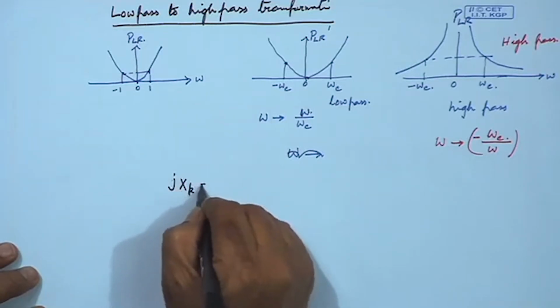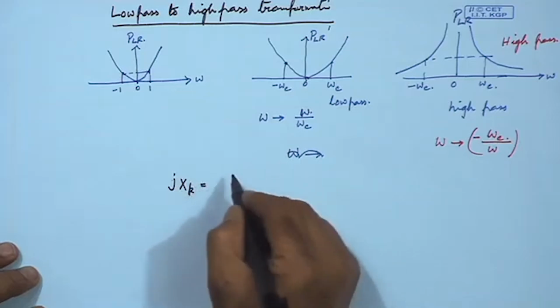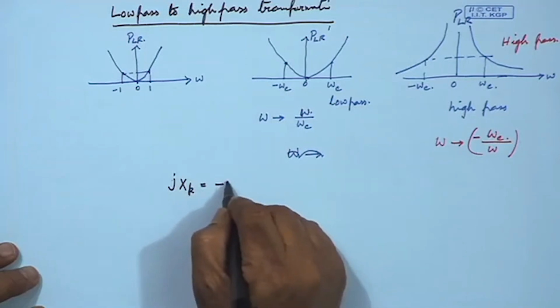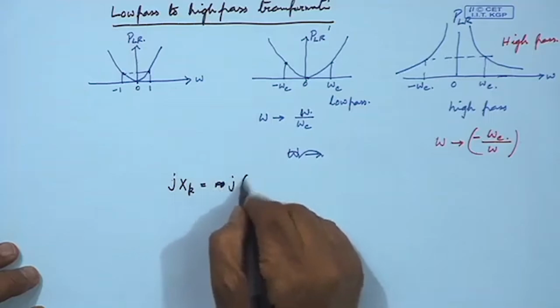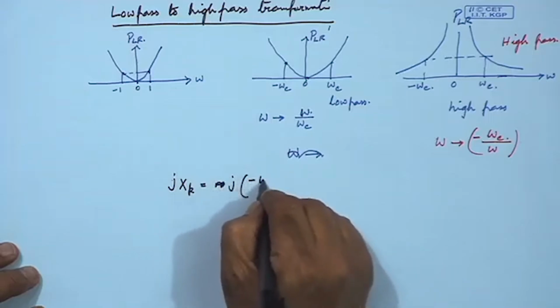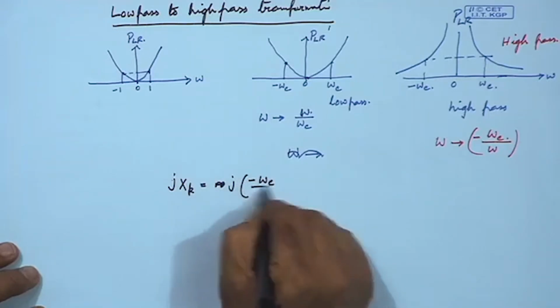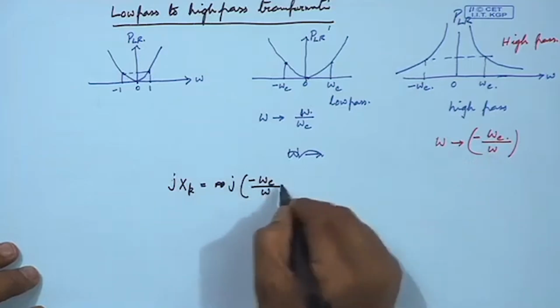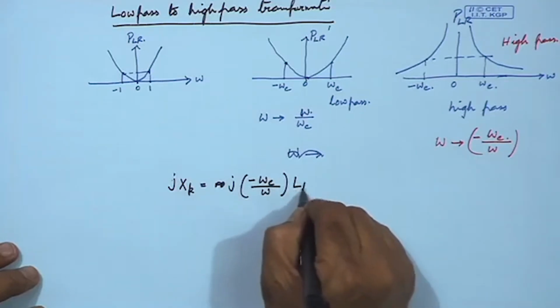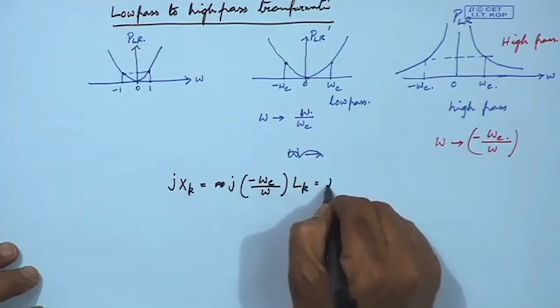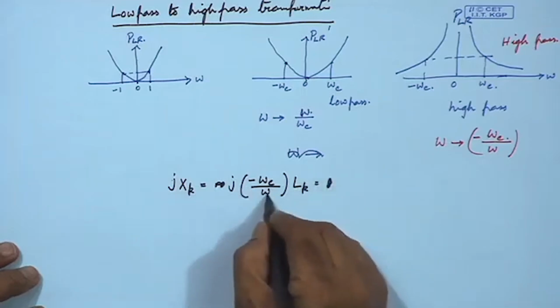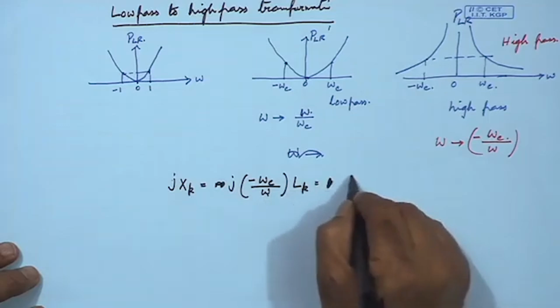Again jXk, which I will now write as j of minus omega c by omega Lk, and I will give it a name. It is obvious that omega has come here, so this has become a capacitance.